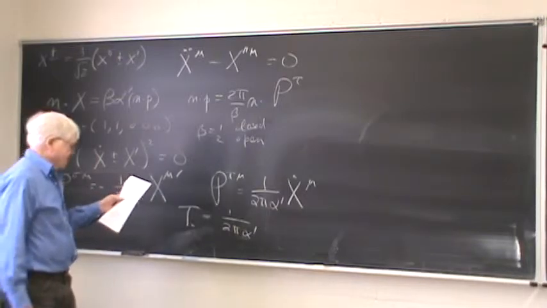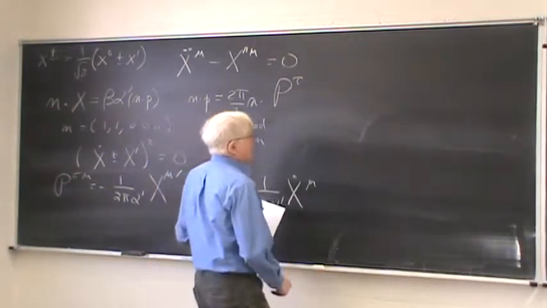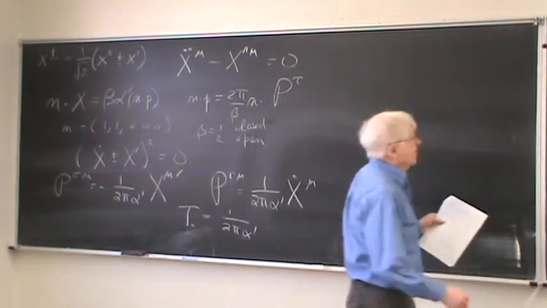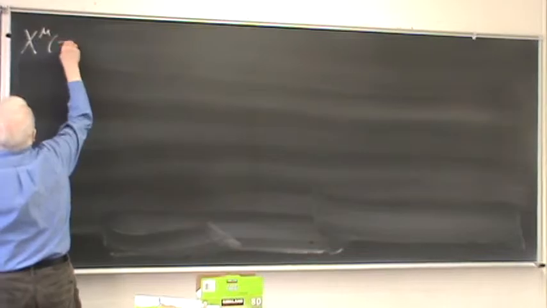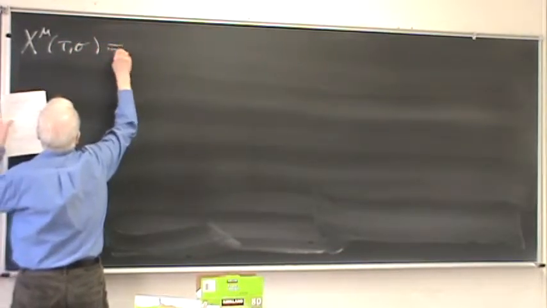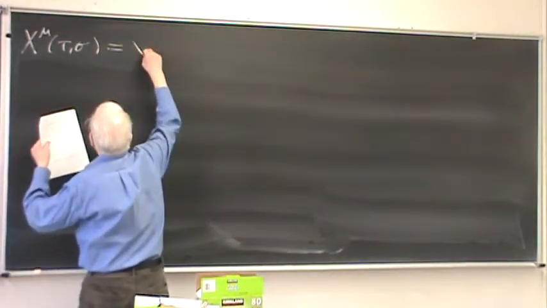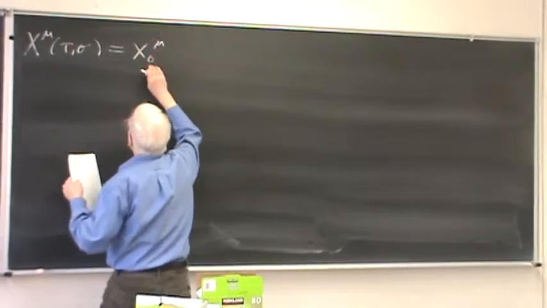Open strings then have a certain parametrization, and this is a long equation, so I'm going to go over to this board and write it down. x mu of tau and sigma is equal to x0 mu.